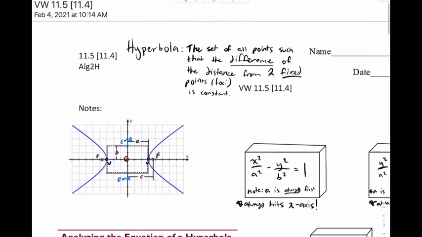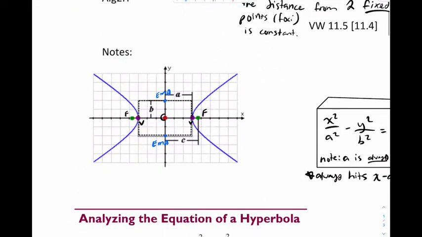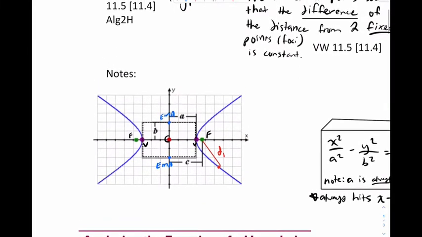And to go back to the definition, to explain more deeply what that means, it basically means if you pick any point, let's say I pick this point right here, I'll do it in red. This distance, let's call it d1, to this distance here, let's call that d2.